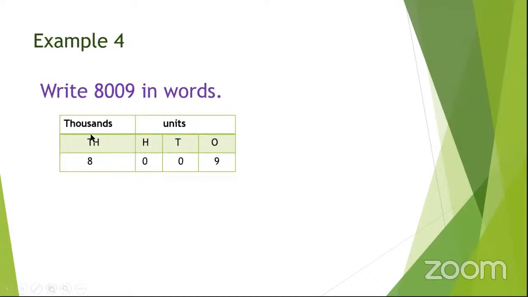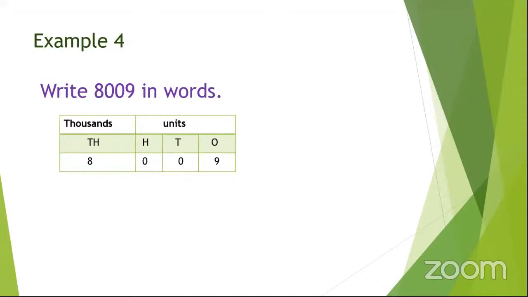We have 8 with the name of its group. We have a 0 under hundreds. Don't say hundreds, because it means that hundreds did not come. Now we go to tens, we also have a 0 there.